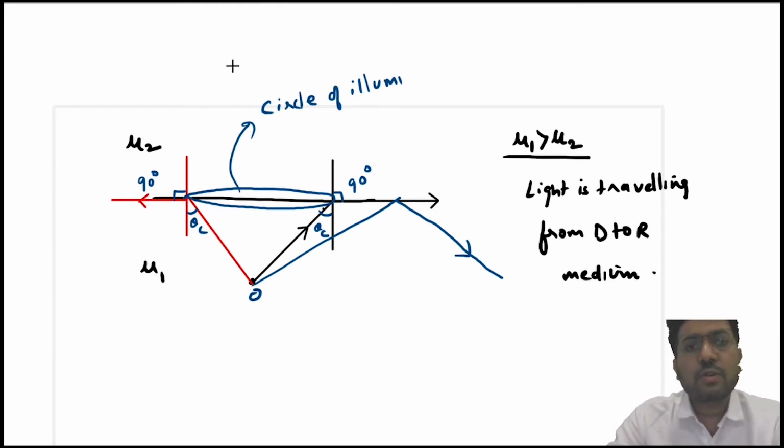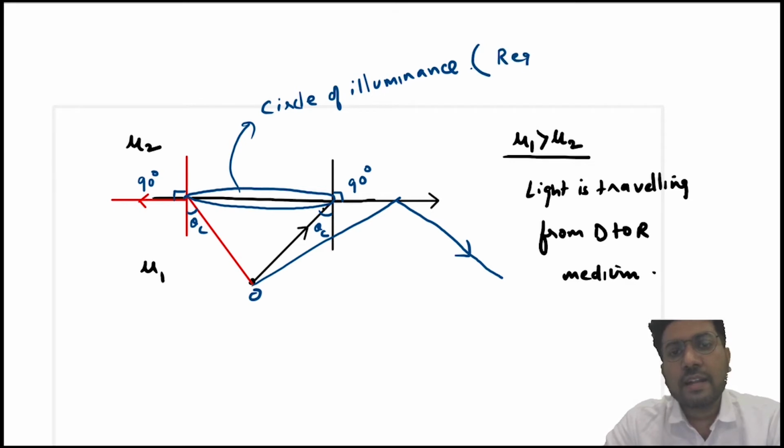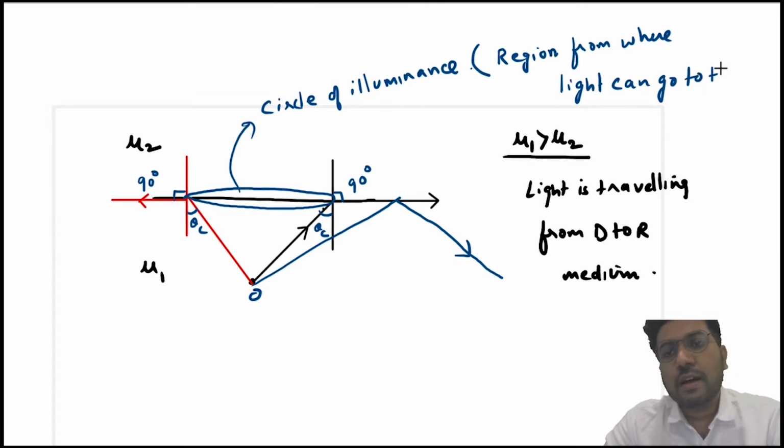So the light will go to the other medium only through this region, which is called the circle of illuminance. Okay, so this is the region from where light can go to the other medium.